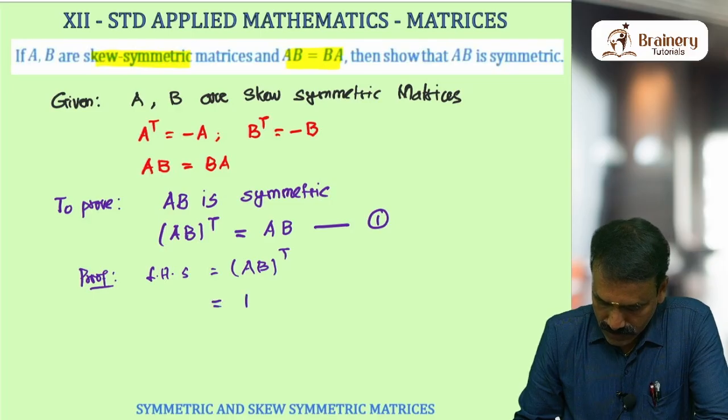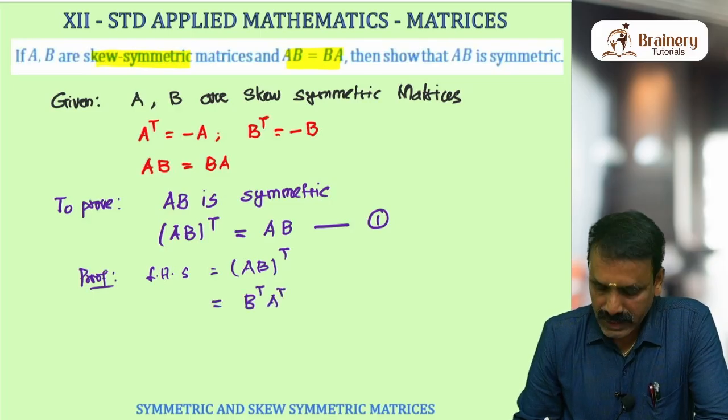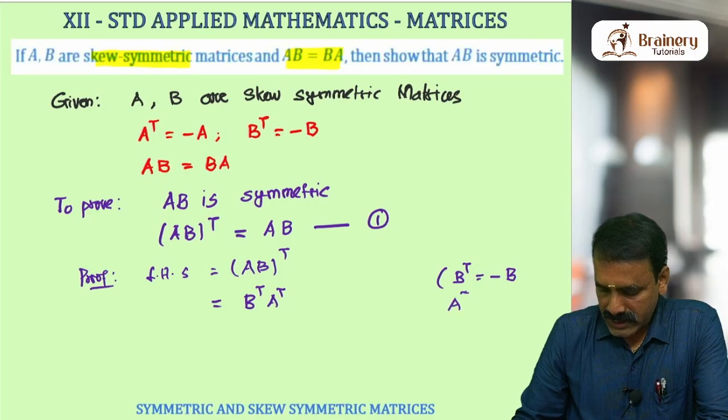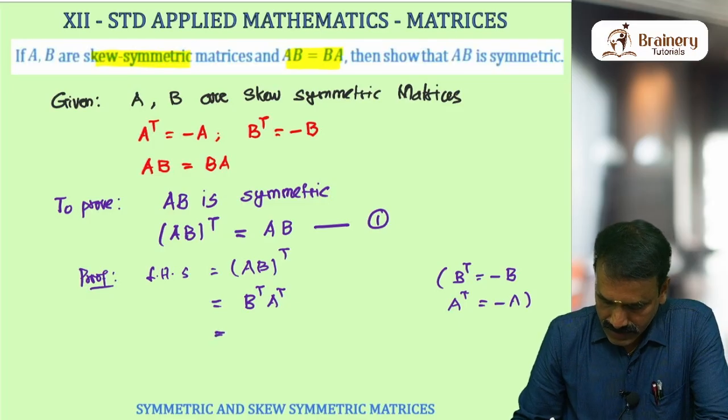But B transpose is nothing but minus B, and A transpose is equal to minus A. Minus into minus is plus. So BA.